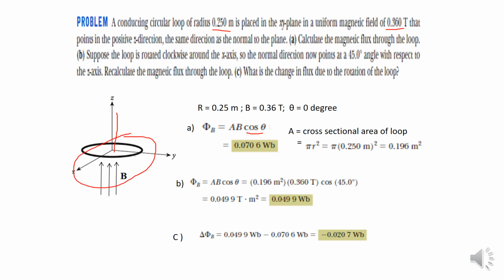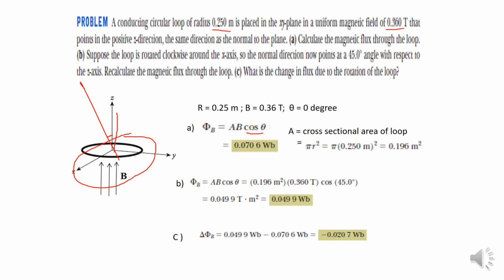It means something like this. This will be the normal, and now the normal is making 45 degrees with the magnetic field. So you just substitute θ equals 45 degrees, and then you get the new flux.